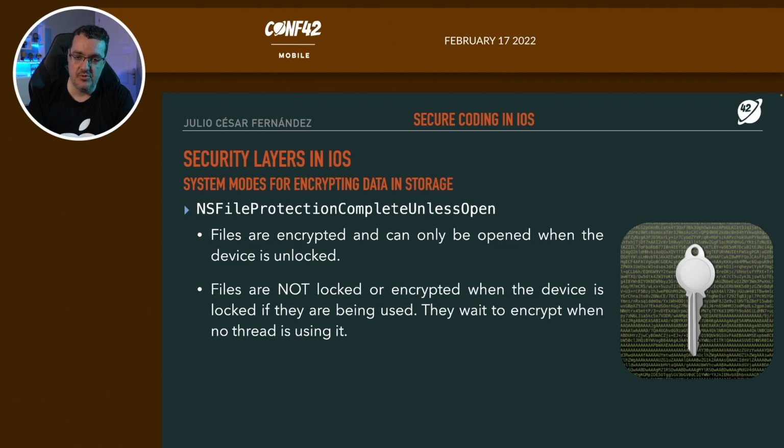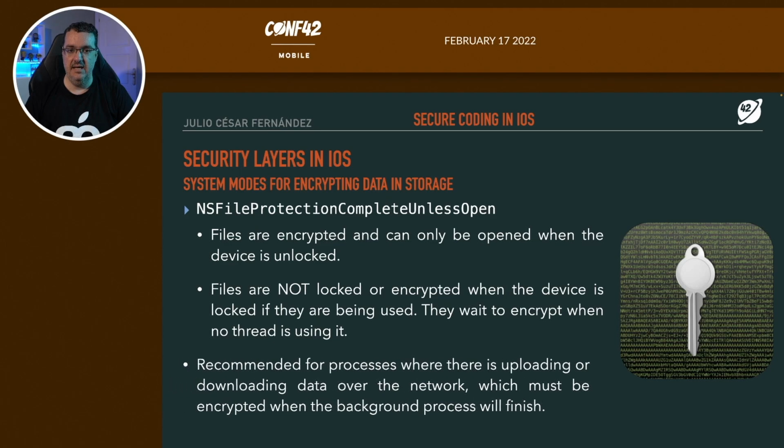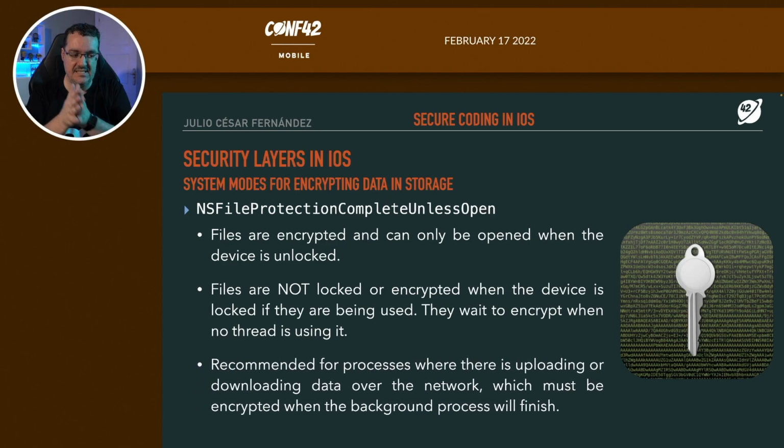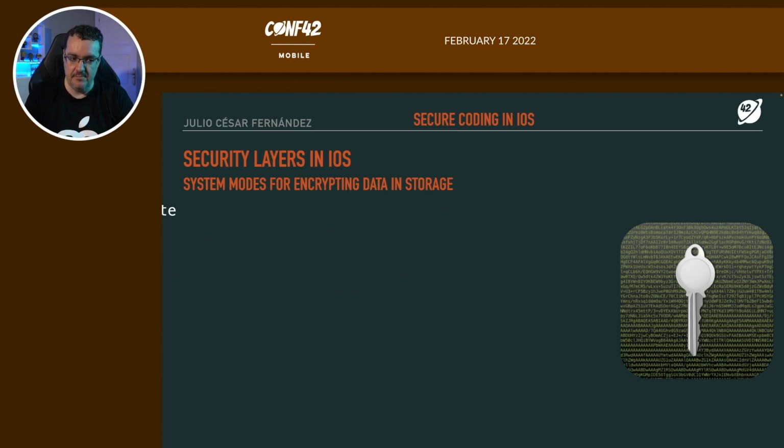When the process is finished, then the file is encrypted and the process or any other app cannot access it, okay? Recommended for processes that upload or download data over the network, and which must be encrypted when the background process finishes, okay?